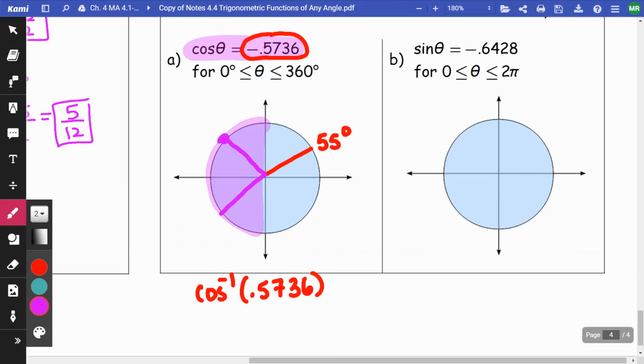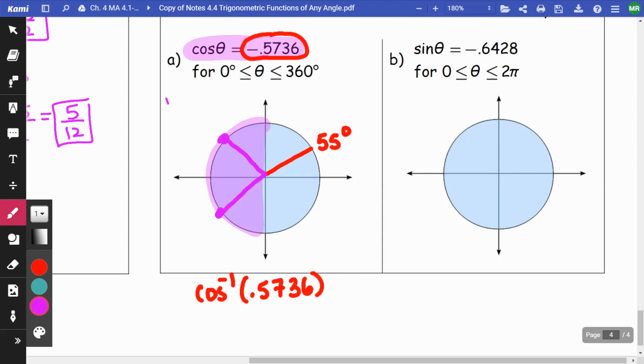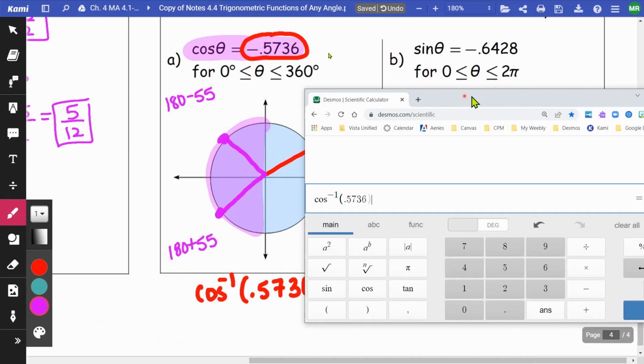I'm going to be trying to find 55 degrees above the x-axis and 55 degrees below the x-axis. So basically, I'm going to be taking 180 minus 55 to find the one in quadrant 2, and 180 plus 55 to find the one in quadrant 3, because I'm 55 above and below.